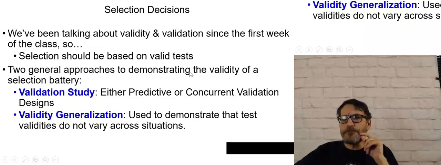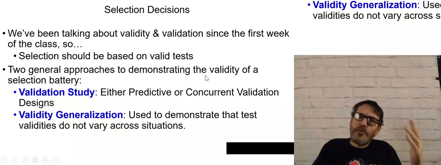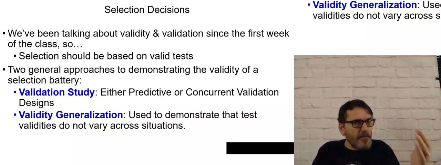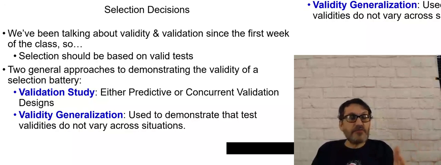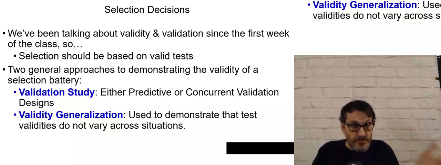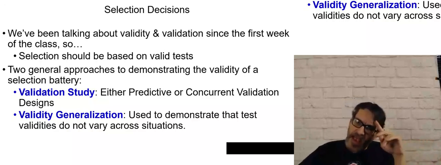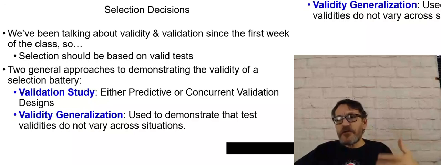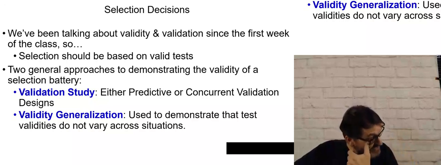So here we go. The selection of an employee should be based on valid tests that have been demonstrated to reflect reality, that they predict what they should be predicting. There are a variety of ways to demonstrate how valid a selection battery is. It's fairly easy to validate a single predictor.